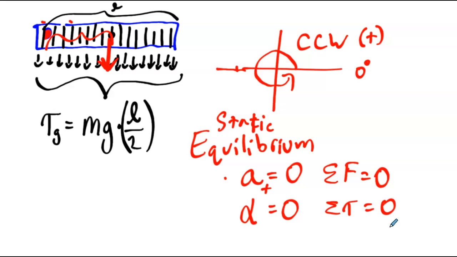Now, dealing with static equilibrium is in some ways a lot simpler because we're not adding in angular velocity and all these other components of motion. But the one thing that makes static equilibrium tricky or easy to solve is that when you're in static equilibrium, you're not rotating.